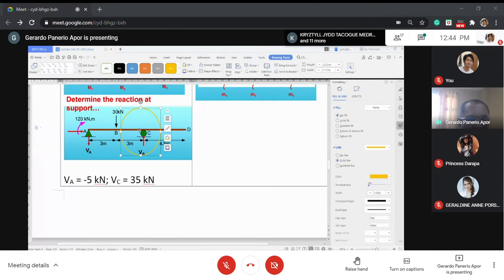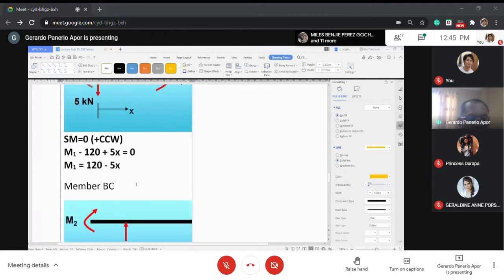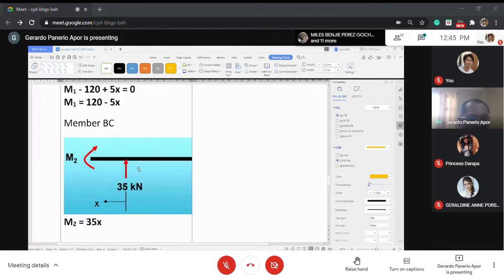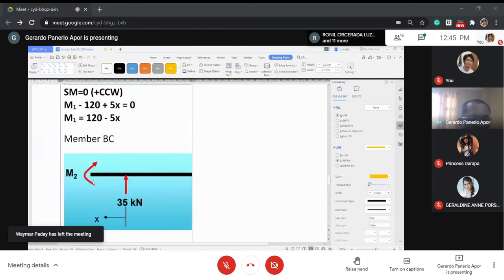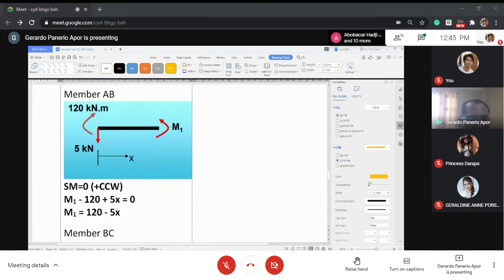There is no load within the beam, because this 30 kilonewton load is at point B. If this is our moment, we sum up moment at B. Do not say 30 kilonewton, because the moment arm is 0 here.